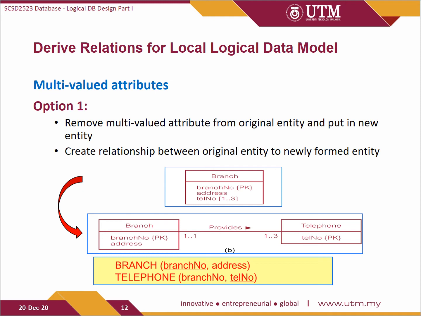So you have to remove this multi-value attribute, tel node, to a newly formed entity called telephone. So tel node is the primary key for telephone. Now for branch, you have branch node as the primary key and address as an attribute. Branch with the branch node and address attributes, and the telephone entity with branch node and also tel node attributes, as tel node is the primary key.